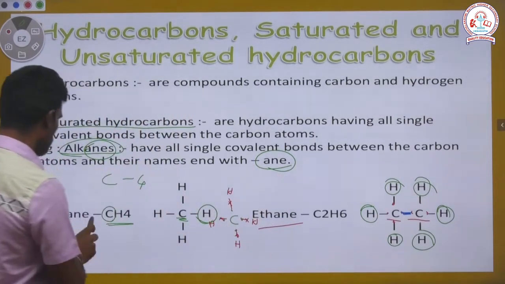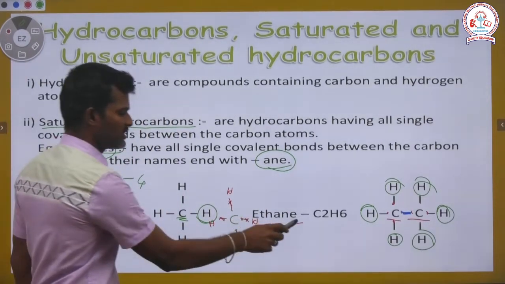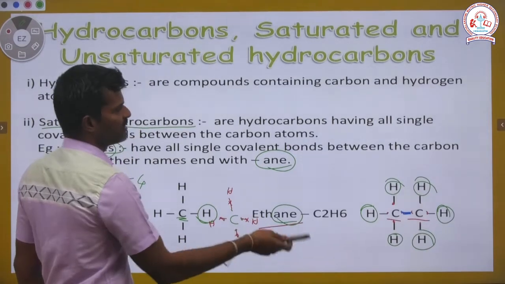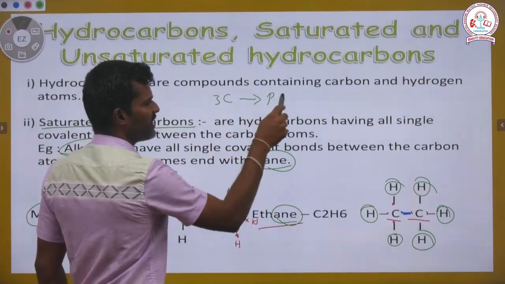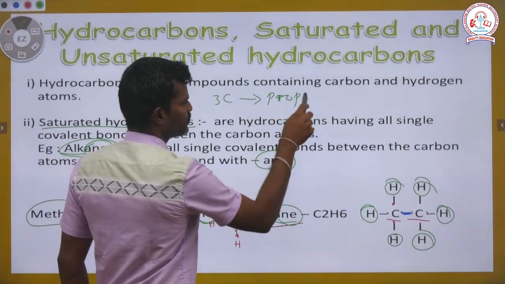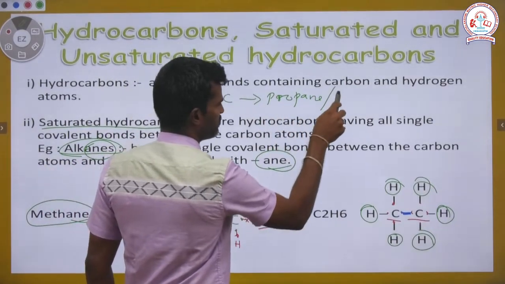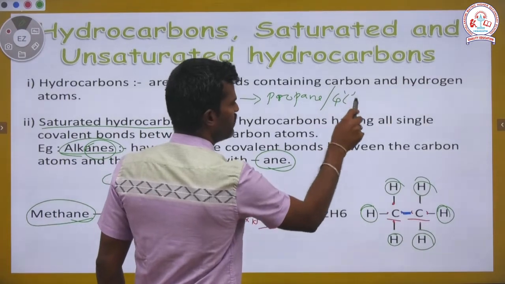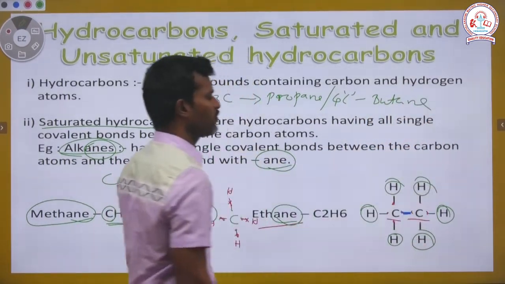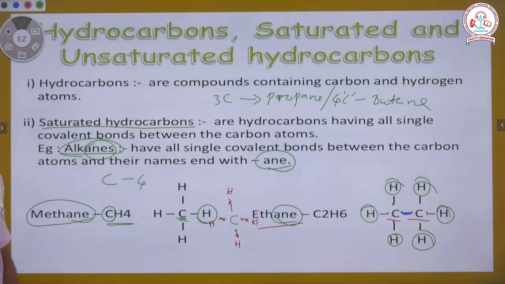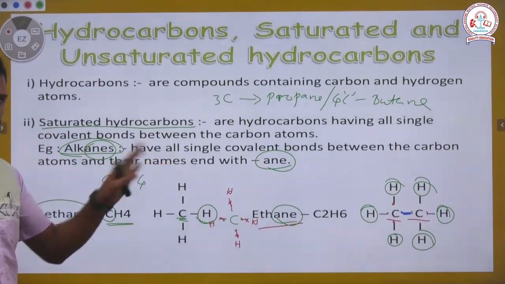Methane, see right now this is methane, this is known as ethane. With 3 carbon atoms, it is named as propane. With 4 carbon atoms, it is named as butane. Okay, these kinds of compounds are named as hydrocarbon and then saturated hydrocarbon.